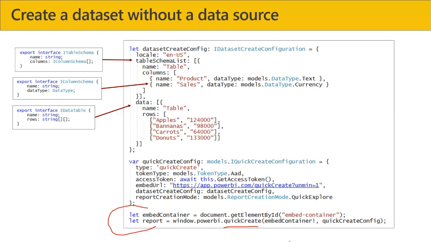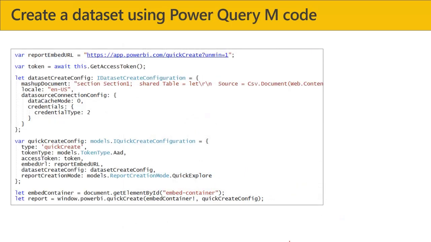Okay, so now we've seen that. Let's look at the opposite. Here is when we are going to create a data set, and the data set will pull its data using Power Query, just like the things we create in Power BI Desktop. So the idea is that you have a mashup document.